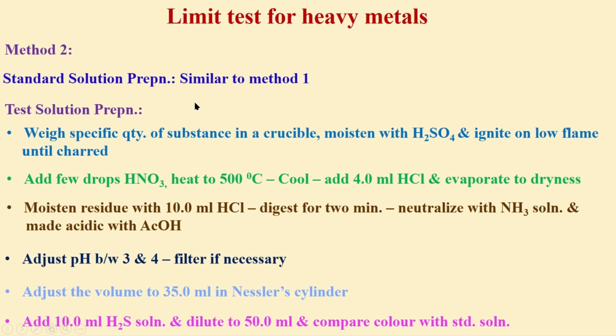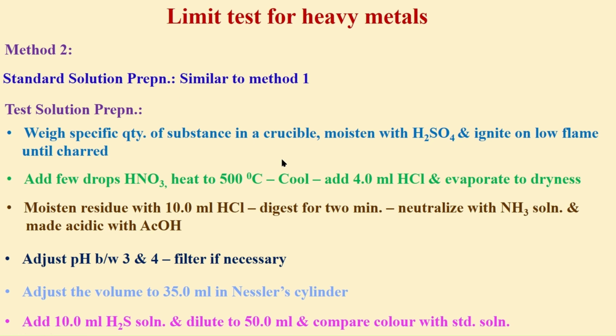The standard solution is prepared in a similar manner to that of method 1. But the test solution we prepare in a different way, because these substances are not fully soluble and do not give a clear colorless solution in water.